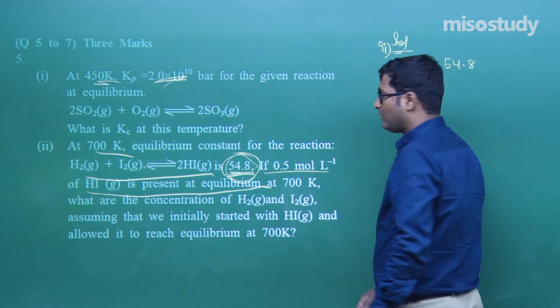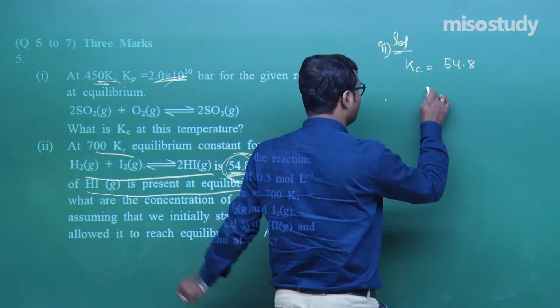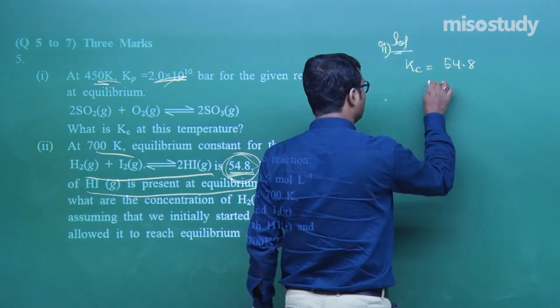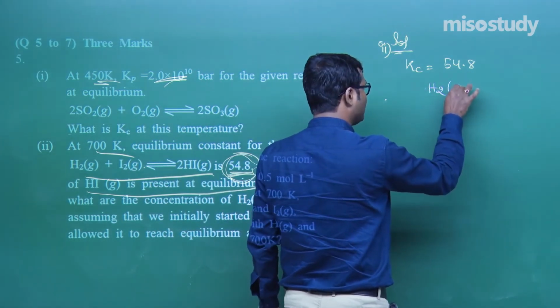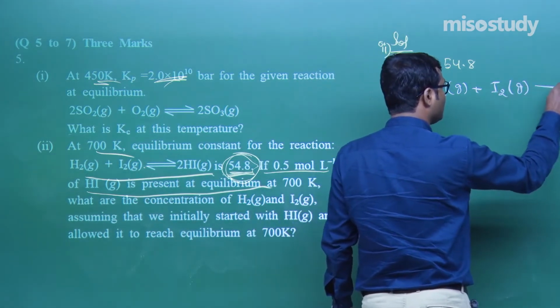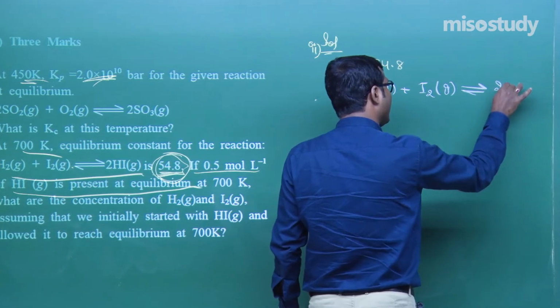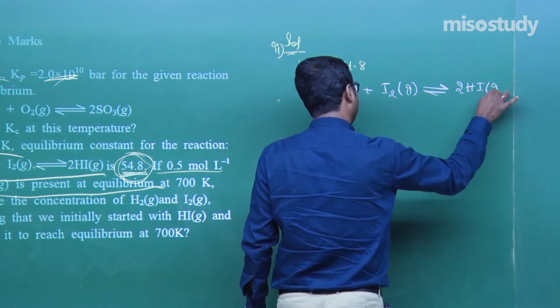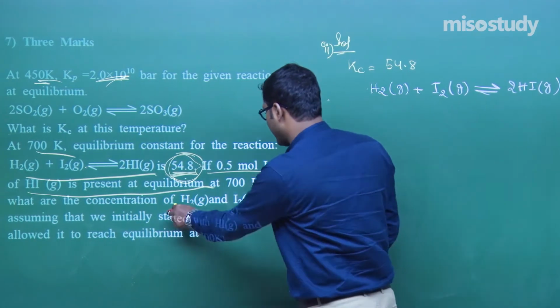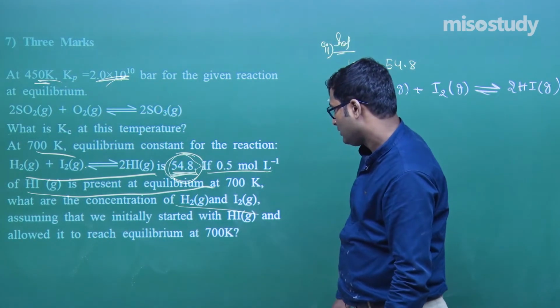What is the reaction here? H2 plus I2 gives you 2HI. Clear, my friend? Now the question is, what are the concentrations of H2 and I2?